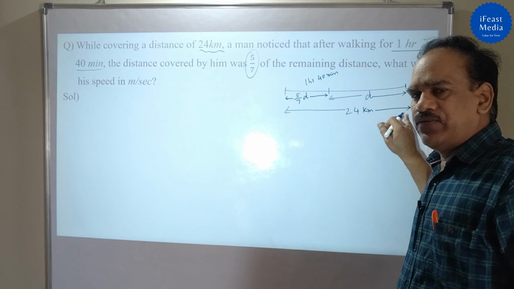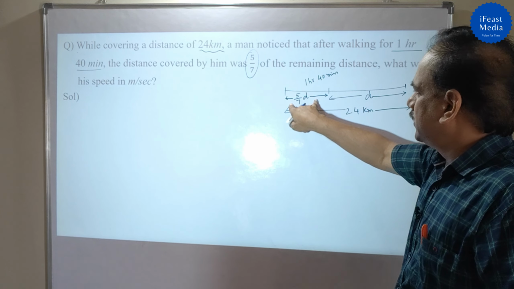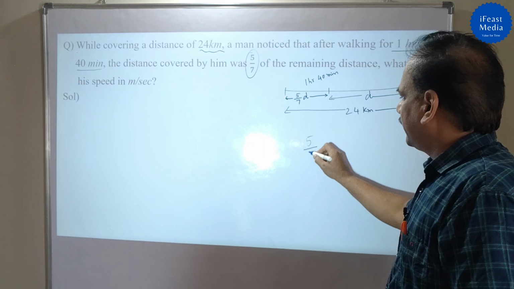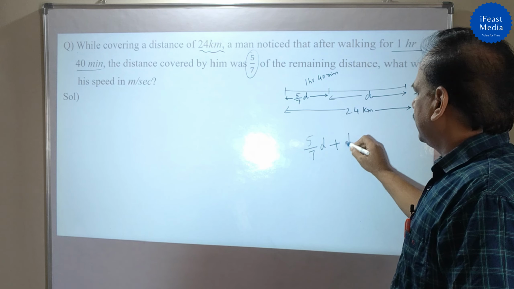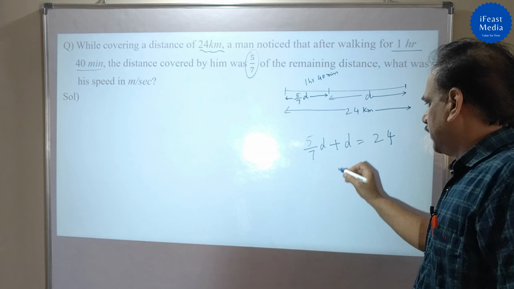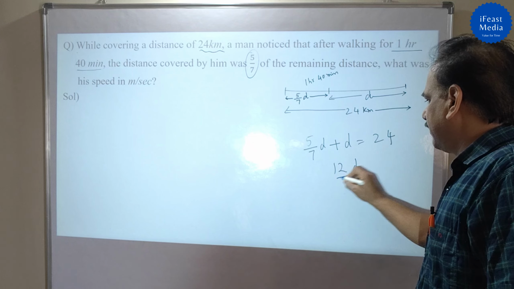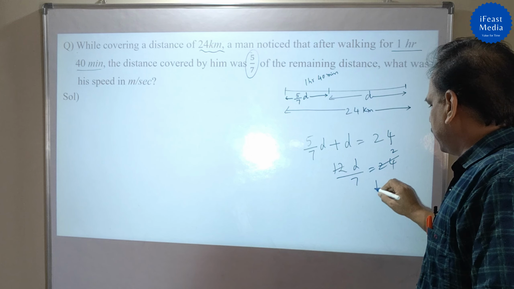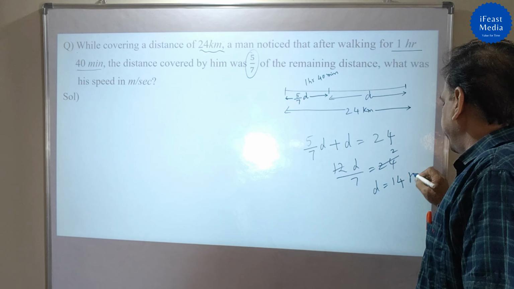Total distance is 24 kilometers. So this distance plus this distance is equal to 24. 5 by 7 d plus d must be equal to 24. From this you can find d, right? So it is 12d by 7 equals 24. d equals 14 kilometers.